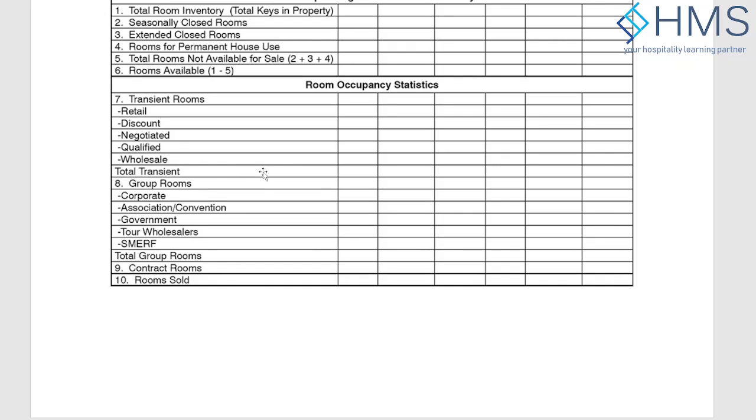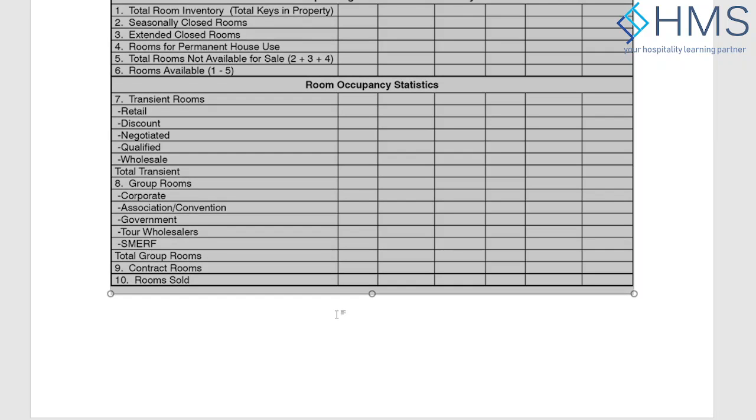Okay, so we were discussing that the USALI also prescribes the operational statistics to understand the market segmentation. But apart from what the USALI prescribes, part of the financial statements is also the guest residency, where the guests are coming from, how they booked, the business source information, and also information about the type, the length of stay, and the average booking period, which are more on the sales information.